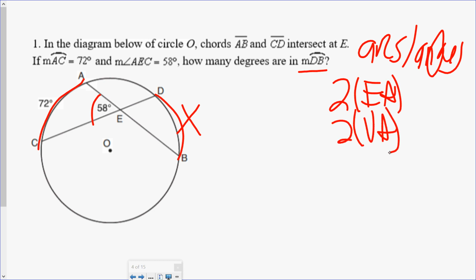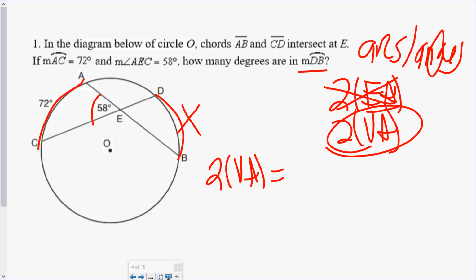Which one is it? Well, are there any exterior angles here? No. So it's going to be 2VA. What's the rule for 2VA? 2VA equals arc plus arc. Now that I have it, I just sub in. The math is easy.